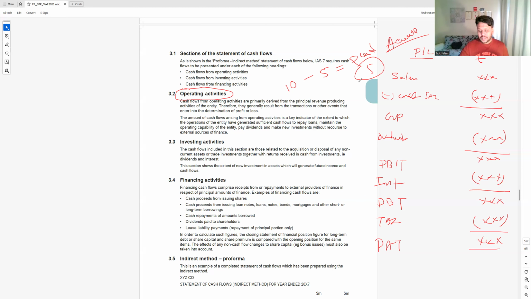Now we start the cash flow from profit before interest and tax. Sometimes we can start from profit before tax. It depends on whether we have the interest or not. So let's say we start from the profit before interest and tax, or profit before tax, whatever it is. The first adjustment we do is for the non-cash items. When I say non-cash item, what does that mean?